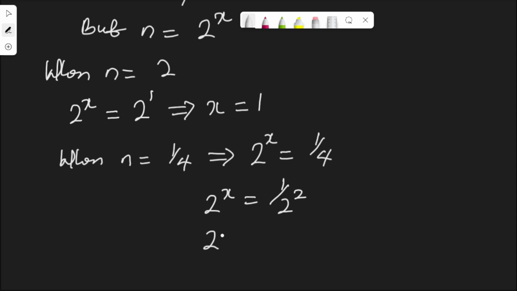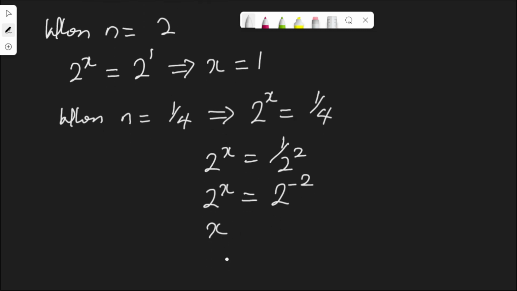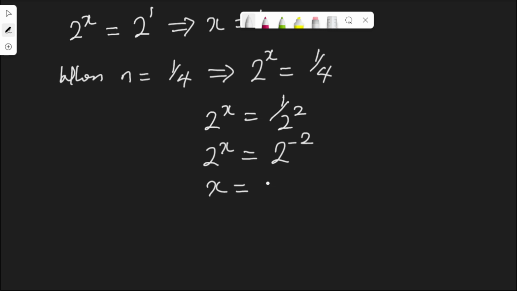So 2 to the power of x, therefore, is equal to 2 to the power of negative 2. Again, the bases are the same. Therefore, we equate the indices for the powers. x equal to negative 2. And the final answer is x equal to 1 or negative 2.